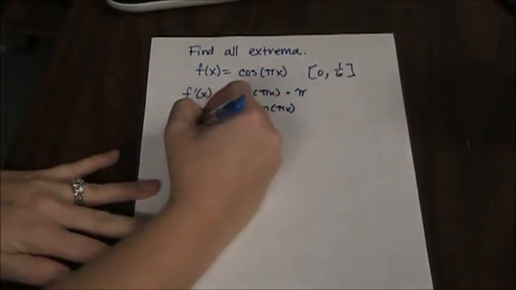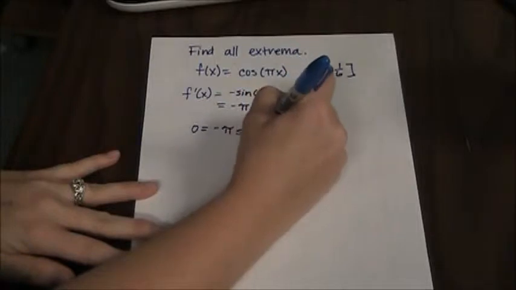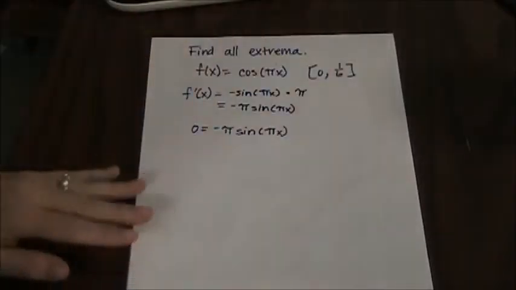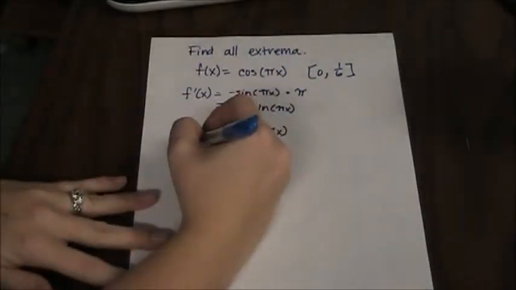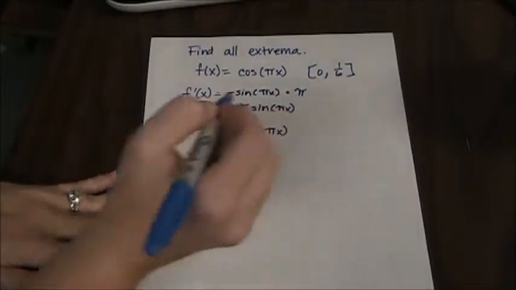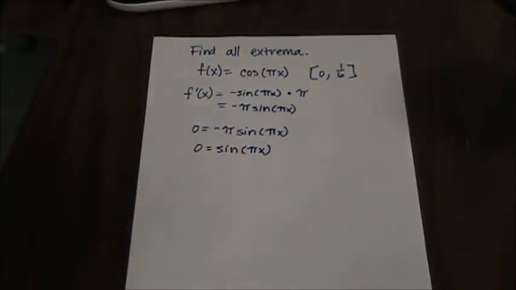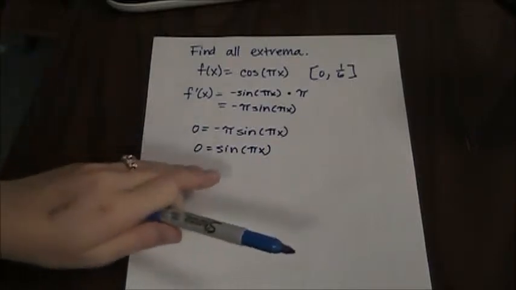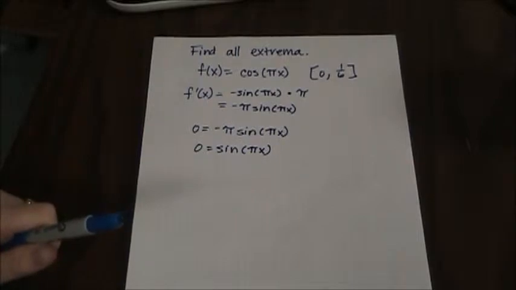So I'm only looking for where this derivative equals 0. Divide both sides by negative pi, and you get 0 equals sine of pi x. This pi is going to change a little bit how we have to think about our solution. We're looking for where sine of pi x equals 0.